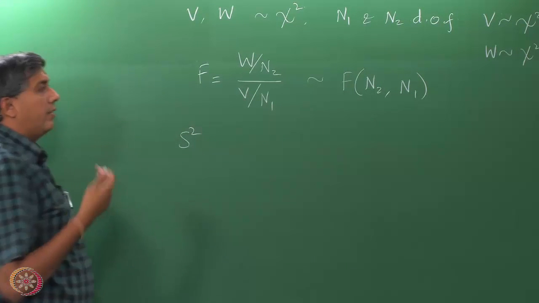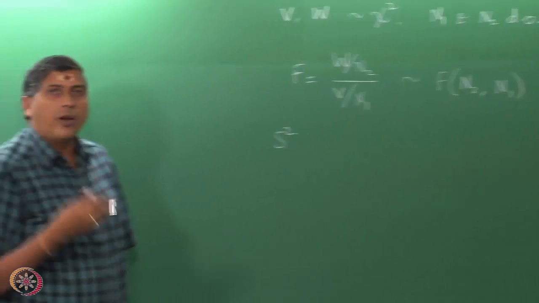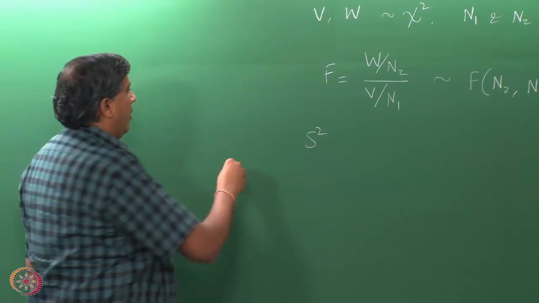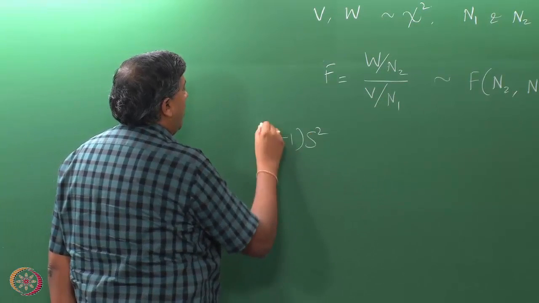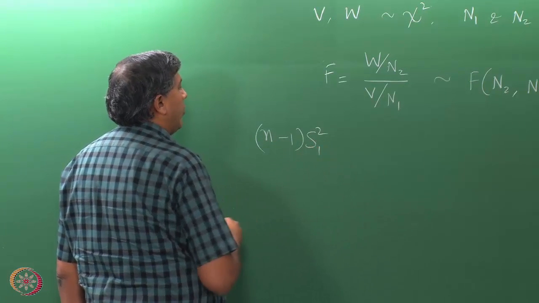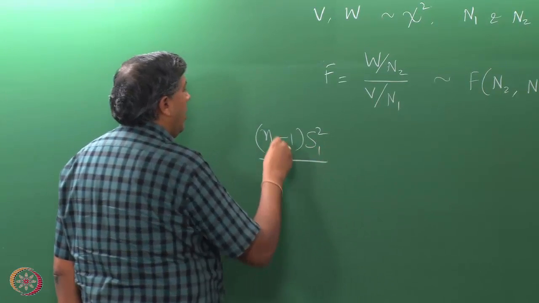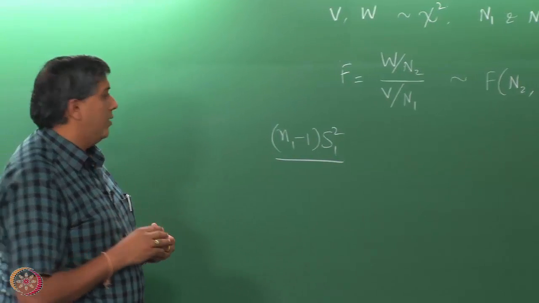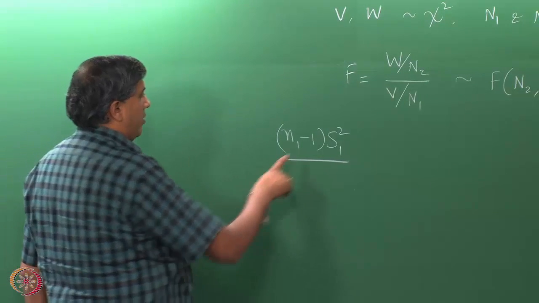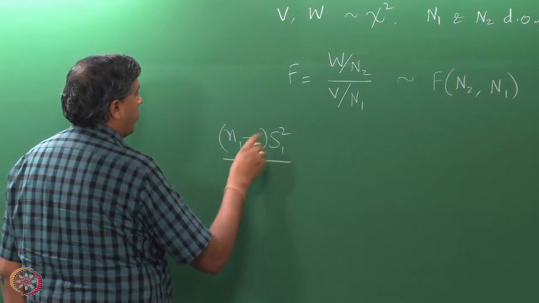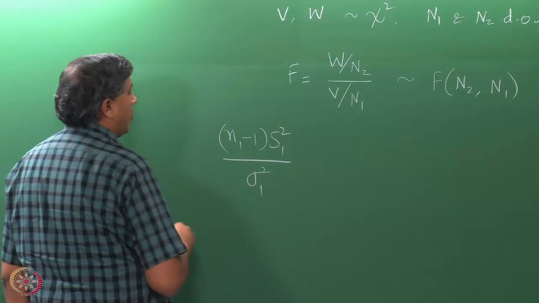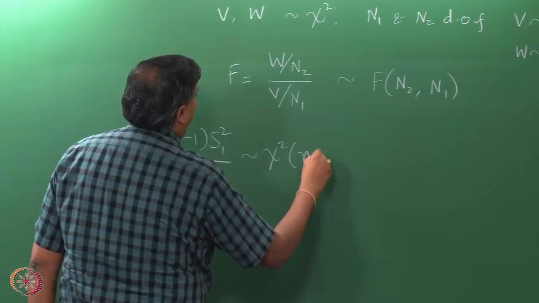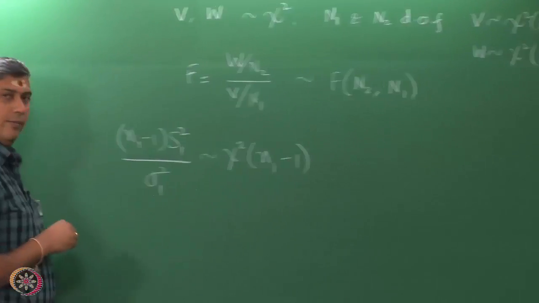I have samples drawn from a Gaussian population and I compute the sample variance, let us say I have a random sample drawn from a Gaussian population, let us say from population 1, assuming that this random sample contains n1 observations, then this statistic n1 minus 1 times S1 square over sigma 1 square has a chi-square distribution with n1 minus 1 degrees of freedom.